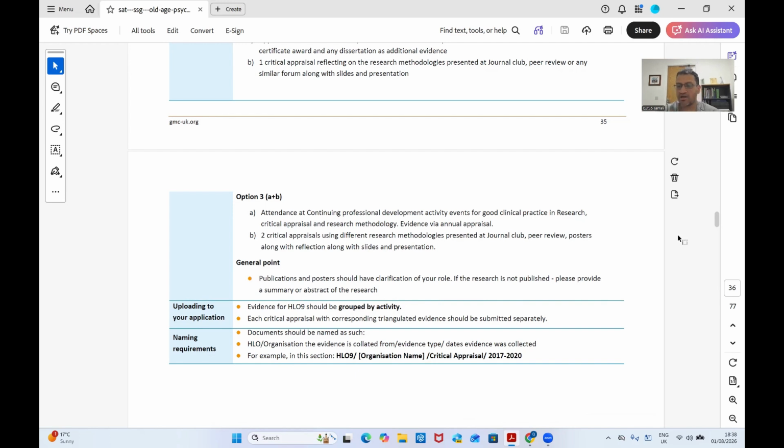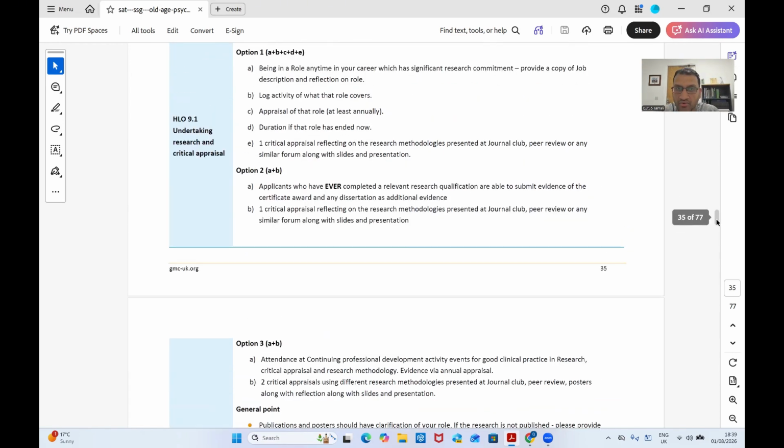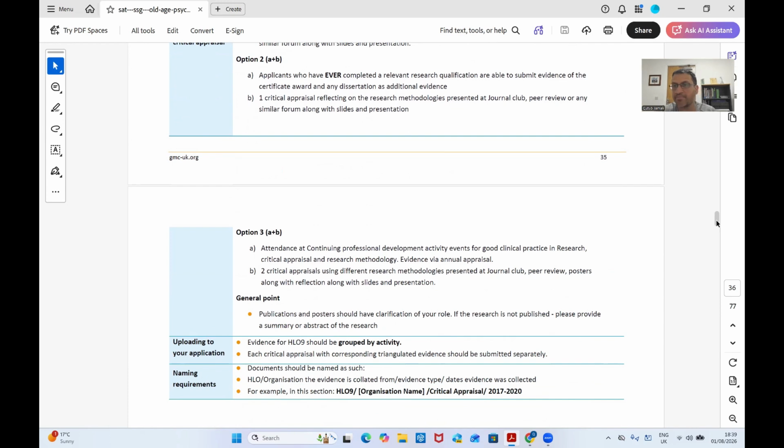Now, if you are planning to submit your publication, say for example, you've published an article. When it comes to publications, I think that on its own is not enough.